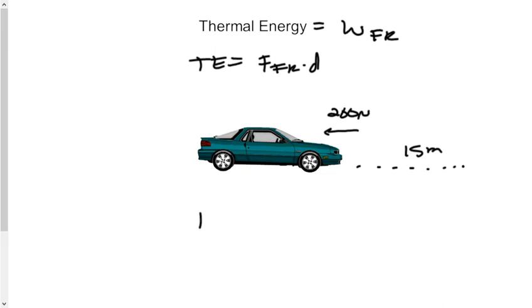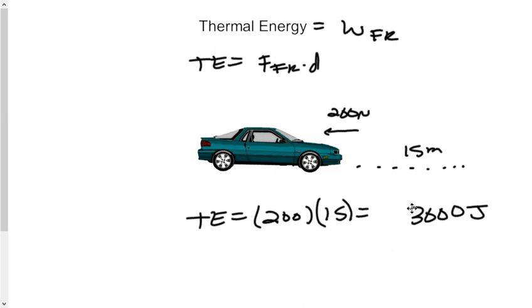So thermal energy is going to equal 200 multiplied by 15, and that, of course, is going to equal 3,000 joules. Now, you're going to see soon that this is going to be a negative value because it's taking away energy from kinetic energy. So those are our 5 kinds of energies.